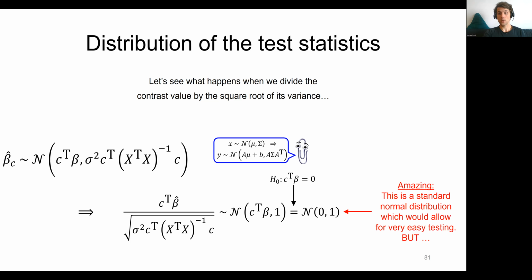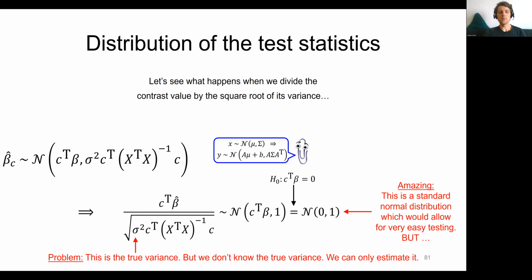This is amazing because this is a standard normal distribution, the most well-known distribution, which would allow for very easy statistical inference. However, we are here dividing by the true noise variance.